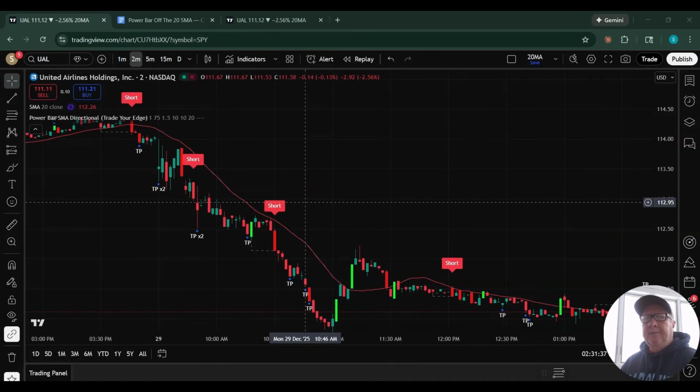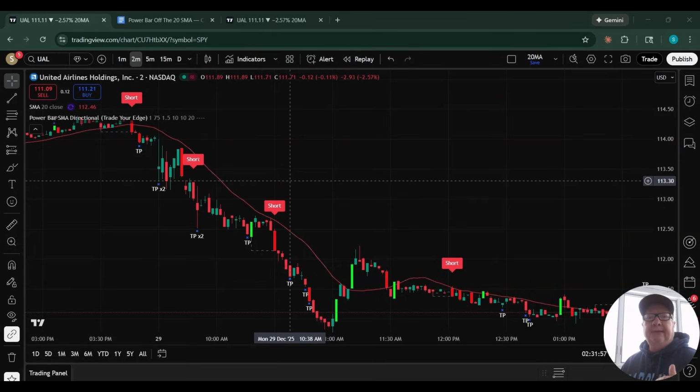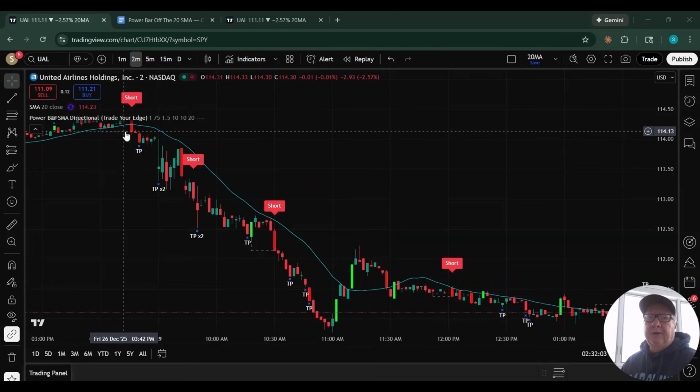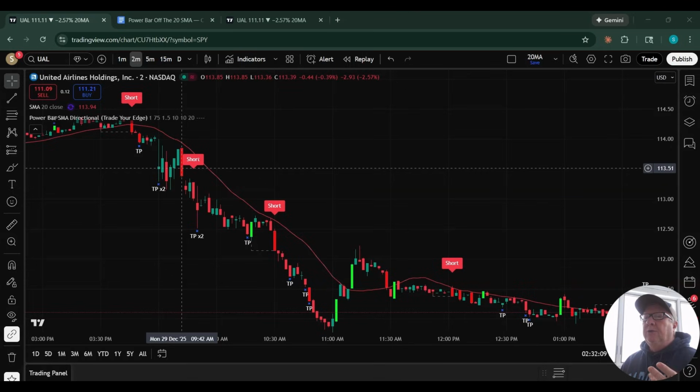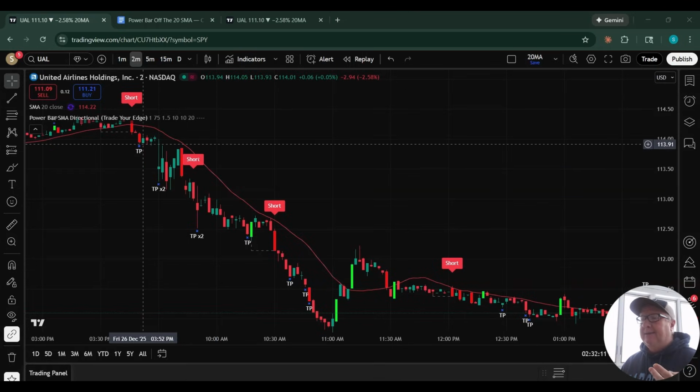But I wanted to talk a little bit about why the power bar is effective for traders, and especially for more inexperienced traders. If you are relatively new to trading, you're trying to do a lot of things at once, which is often very difficult. You are trying to read the candles, and you're probably still learning what specific candles mean. You're trying to determine trend.